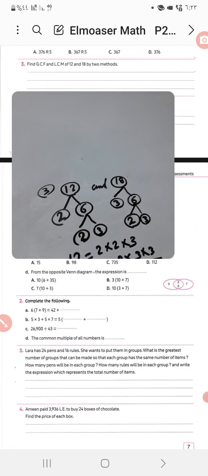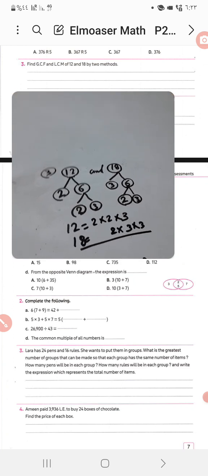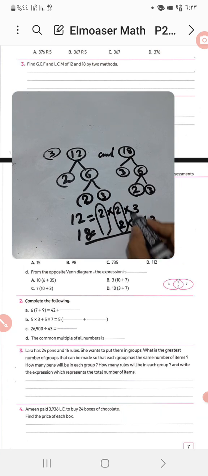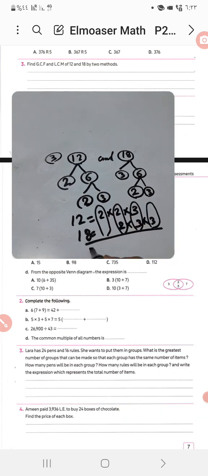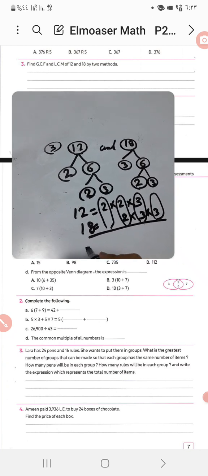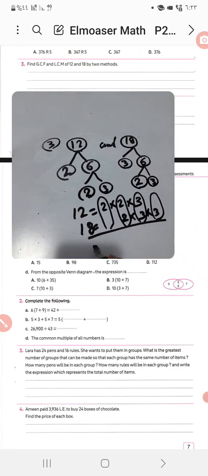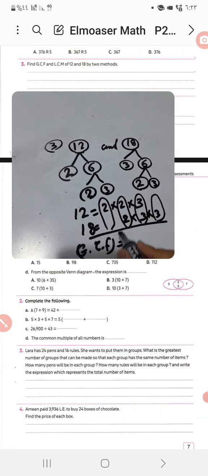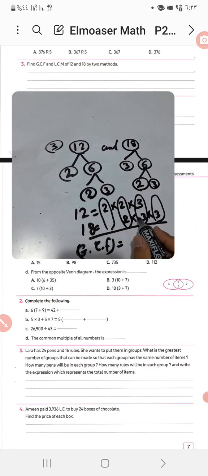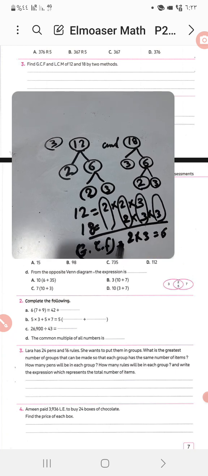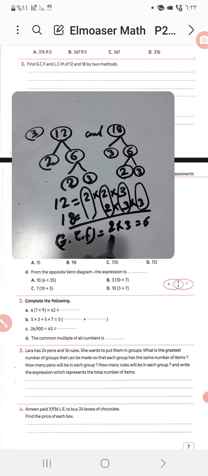Then we can draw circles here and find the greatest common factor and least common multiple of the two numbers. The greatest common factor will be what? We can choose here 2 times 3. 2 times 3 equals 6. Then 6 will be the greatest common factor of the two numbers.